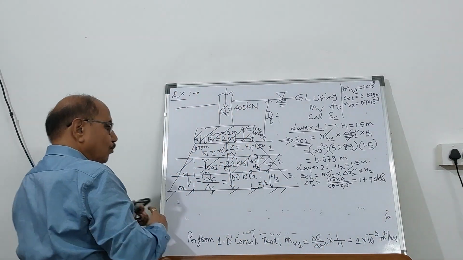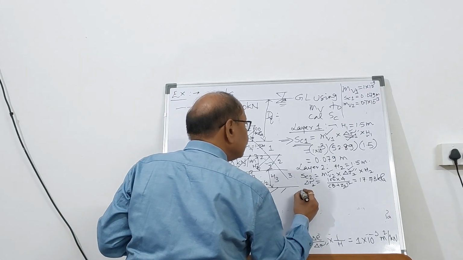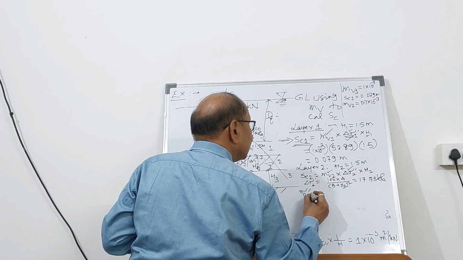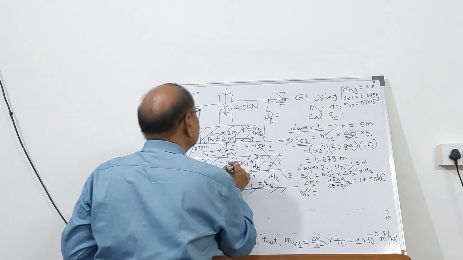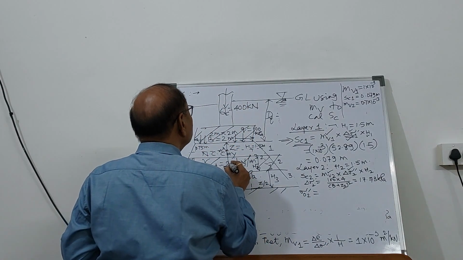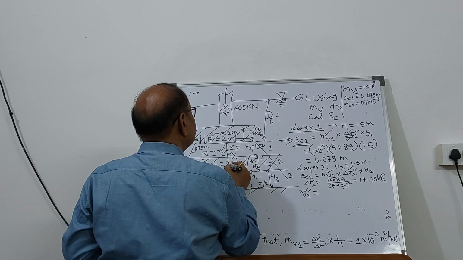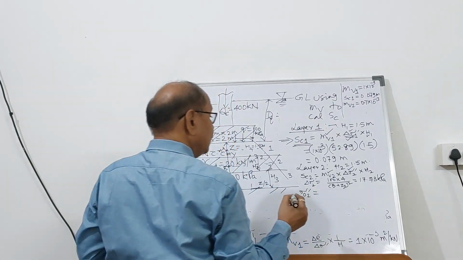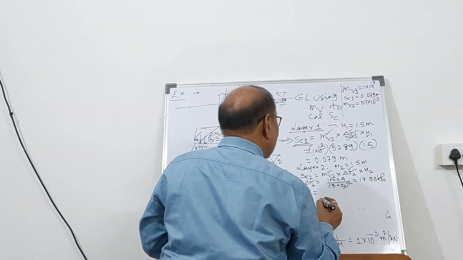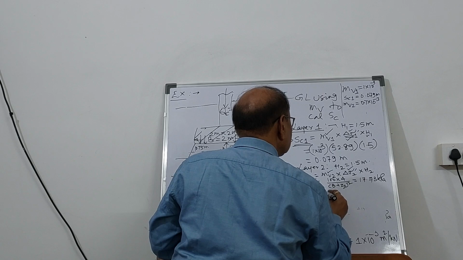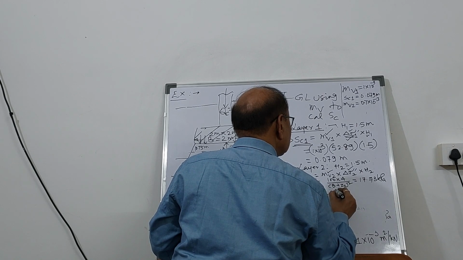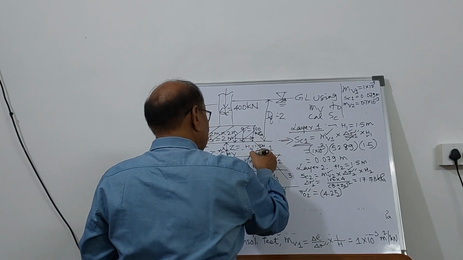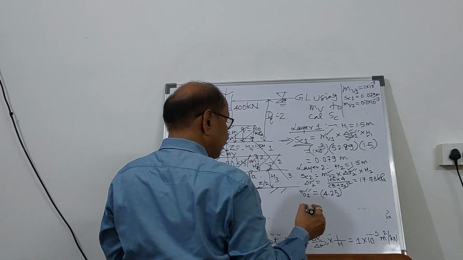The effective overburden pressure sigma naught prime at the midpoint of layer 2, that is at B, will be how much? This is 2.25 plus 2, that is 4.25, with 2 meter, 1.5 meter and 0.75 meter.